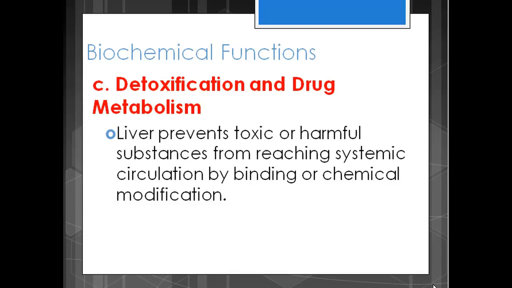That's why in cases of poisoning, or even in drug overdose, the affected organ is the liver because it tries to detoxify the poisons and toxins. So that is what happens in the liver.